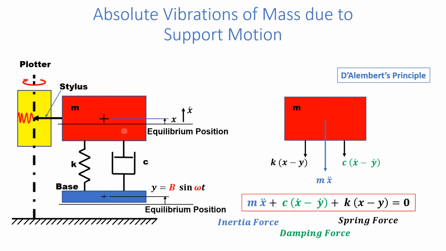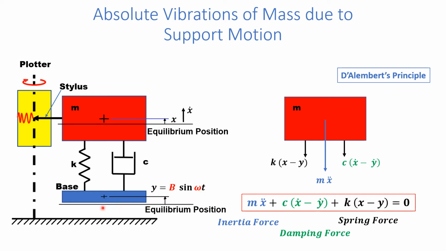Let there be a mass m supported by a base through a spring having stiffness K and a dashpot having damping coefficient C. Let the base be subjected to a vibration following the profile denoted by y. y is B sin omega t, where B is the amplitude of vibrations of the base about an equilibrium position and omega is the angular frequency of vibration of the base with time t.